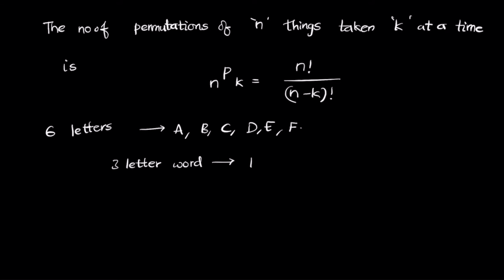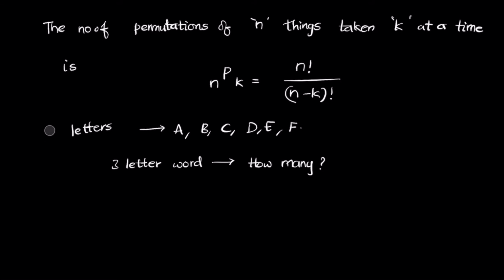How many can I make out of this? Permutation here takes into consideration that you are not going to repeat the same object over and over again. You're only going to take the number of ways that are possible to arrange 6 letters into 3-letter words. So how many ways can I choose the 3-letter words?